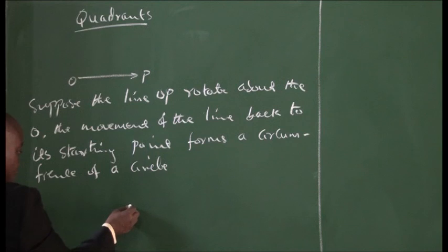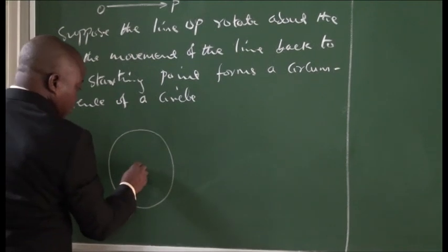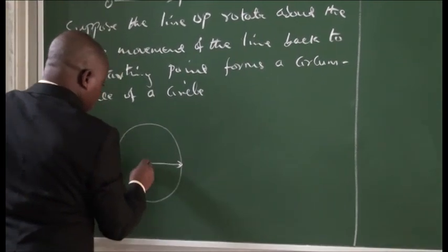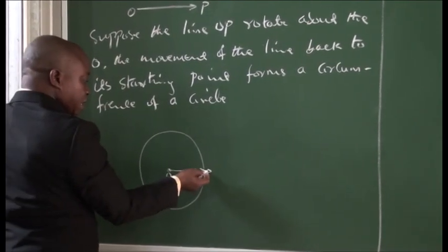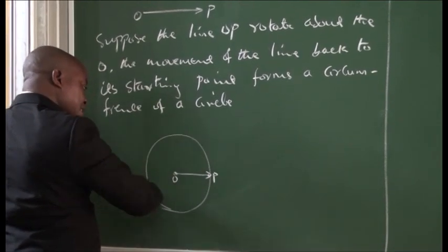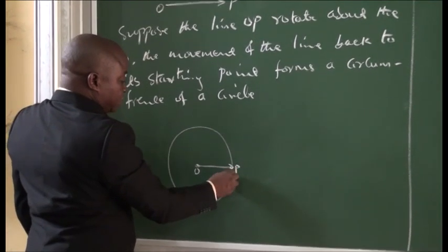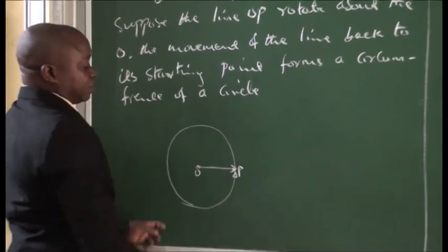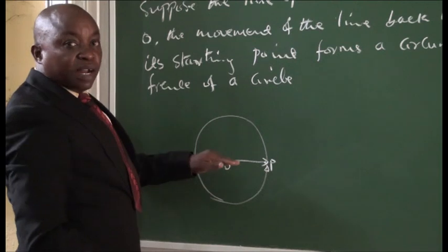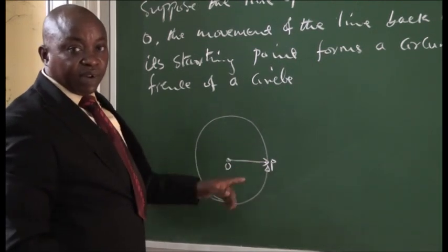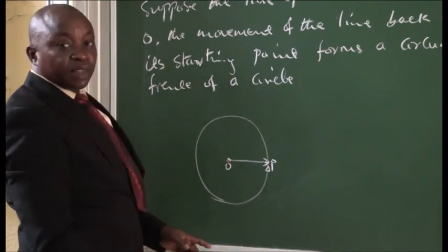Now, this is what we are saying. This is the point O. So this particular line rotates here and comes back to this point. It rotates anti-clockwise. Now, if it rotates clockwise, it will give us a negative angle. When it rotates anti-clockwise, it gives us a positive angle.